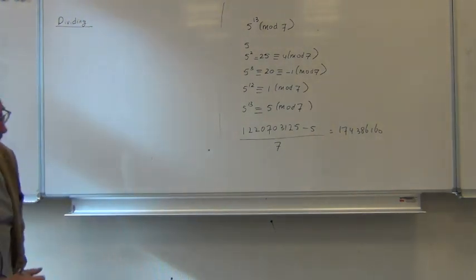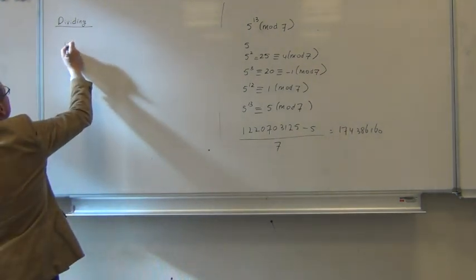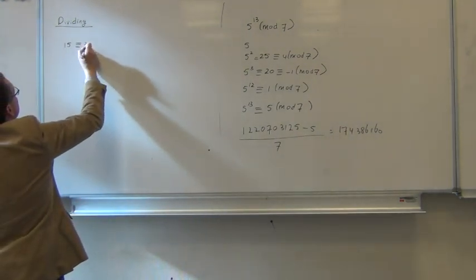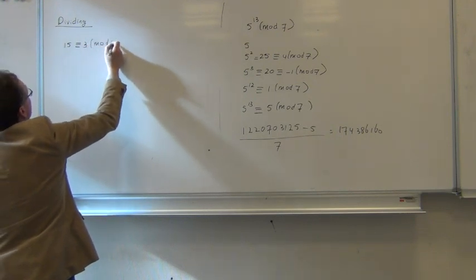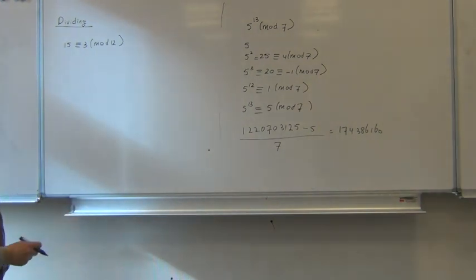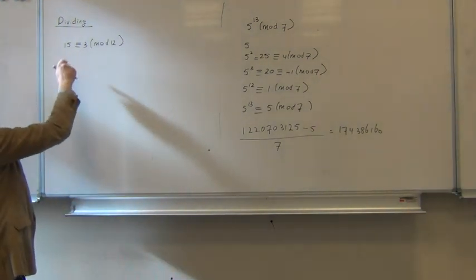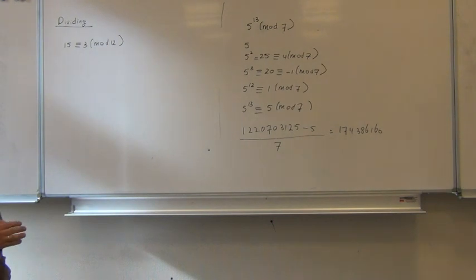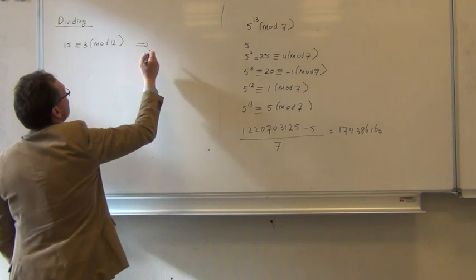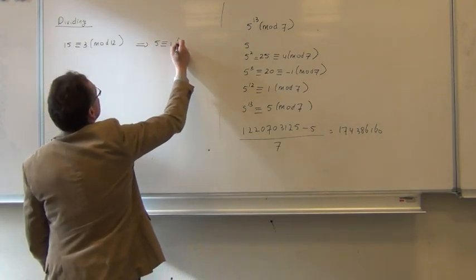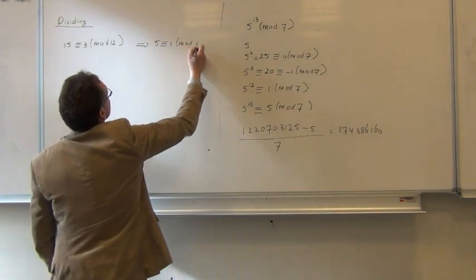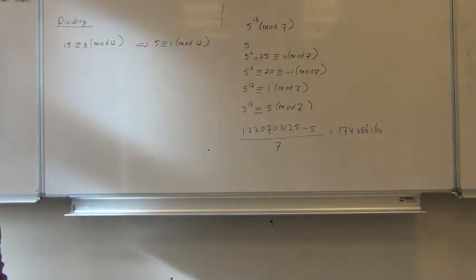So for example, if we have something like 15, it's congruent 3 modulo 12. That's true, isn't it? And now we may say, okay, well 15 and 3, they can both divide by 3. So is it possible to say 5 congruent 1 modulo 12? And we know that's not true.